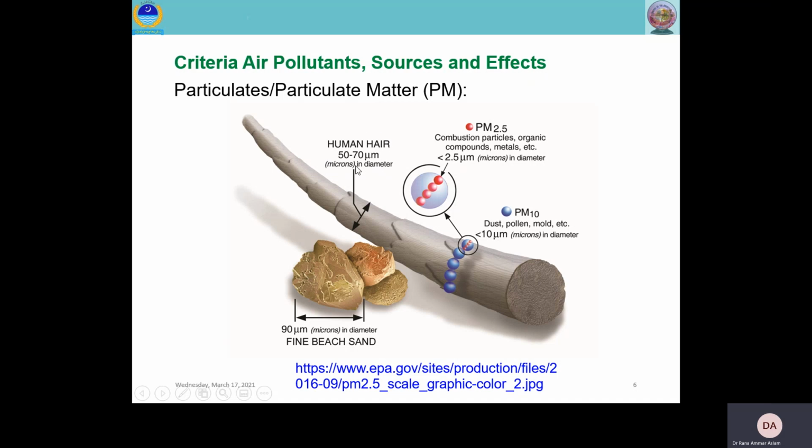If you consider the diameter of our hair as 70 micrometers, compared to this size, a 2.5 micrometer particulate matter is 30 times smaller, right? And likewise, PM10 is 7 times smaller in size compared to our hair, right? You can also make a comparison of these particulate matters with a sand particle that has a size of 90 micrometers, right?